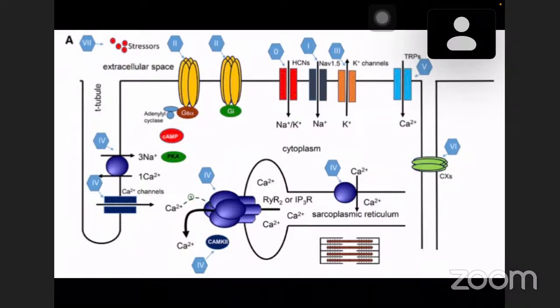So this is the diagram depicting all the classes of drugs that we discussed just now. You can see class 0 acting on the HCNs, class 1 acting on the sodium channels, class 3 acting on potassium channels. We missed class 2: class 2 acts on G protein coupled receptors, class 5 acting on TRPs, class 6 acting on connexins, and class 7 acting on stressors.